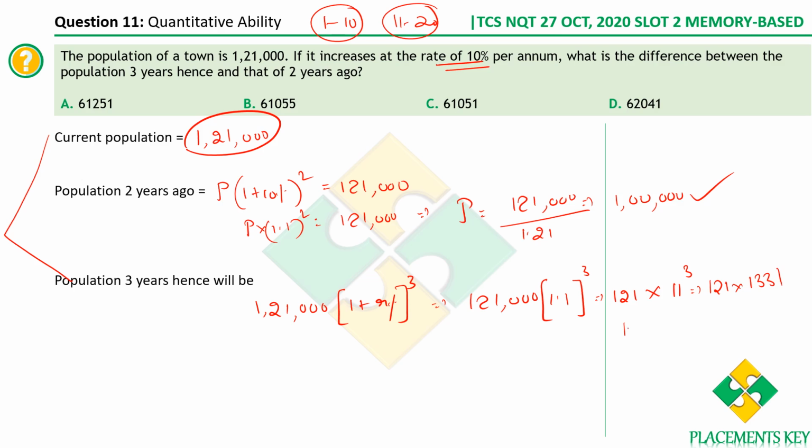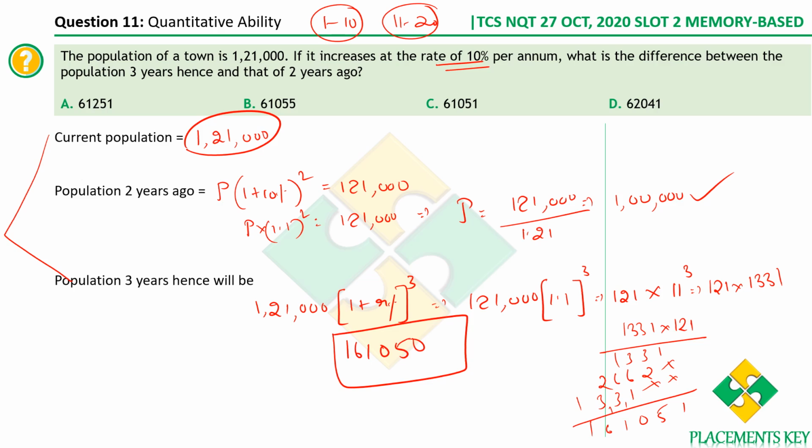Multiplying, we get the value 161051. So therefore we have got the population 3 years hence as 161,051.